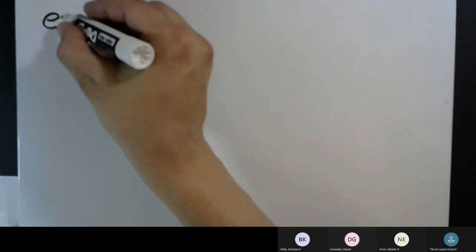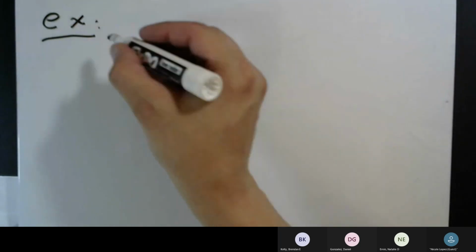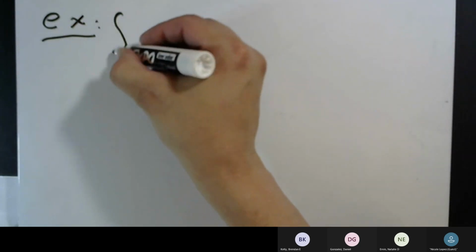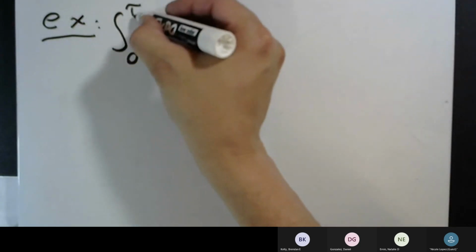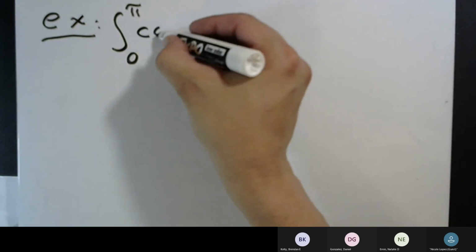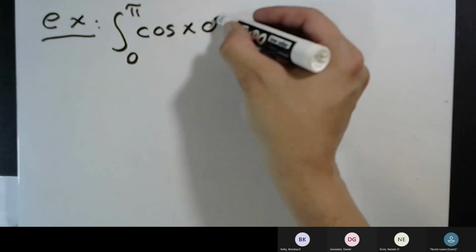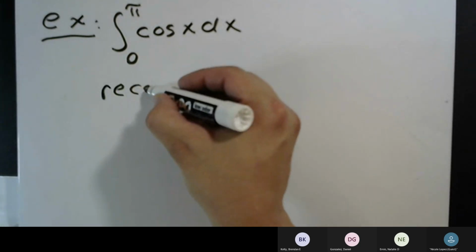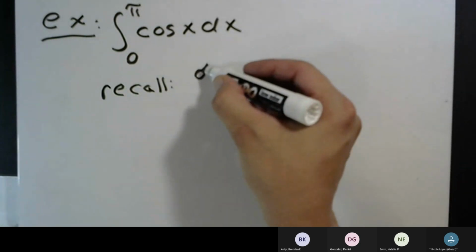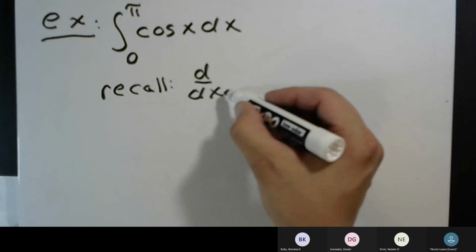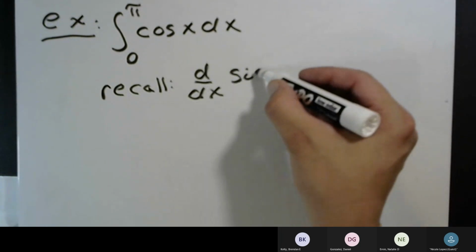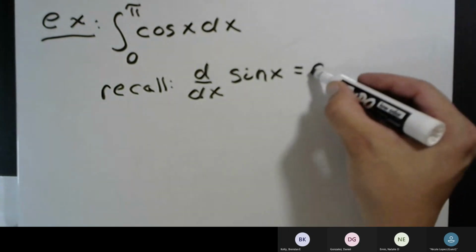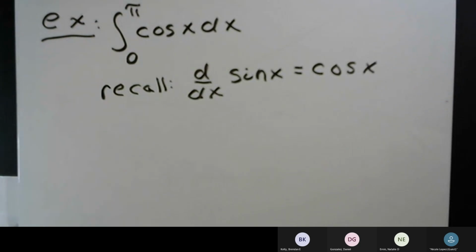So for example, the integral from 0 to pi of cosine x dx. Now we recall the derivative of the sine of x is the cosine of x.